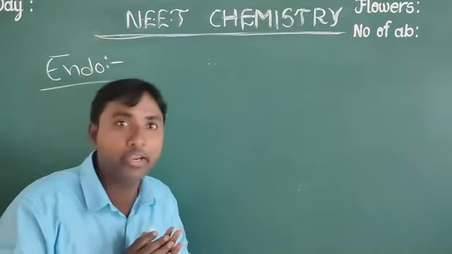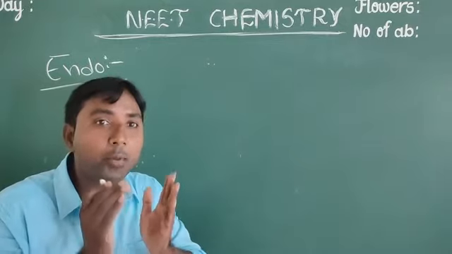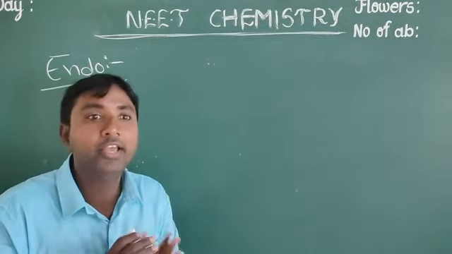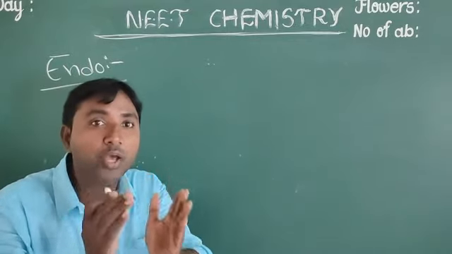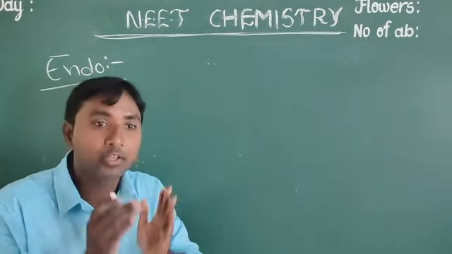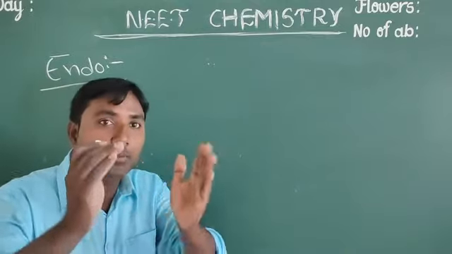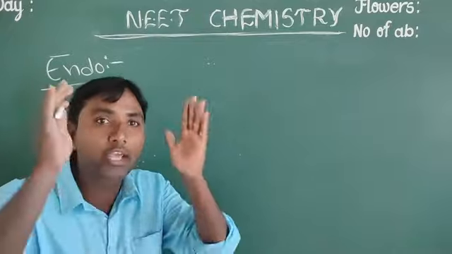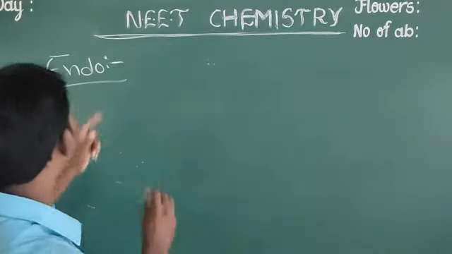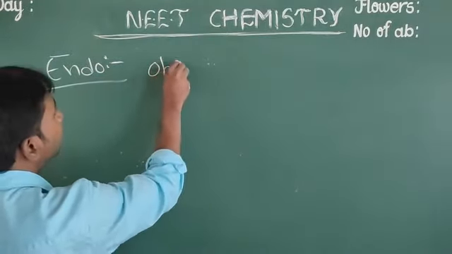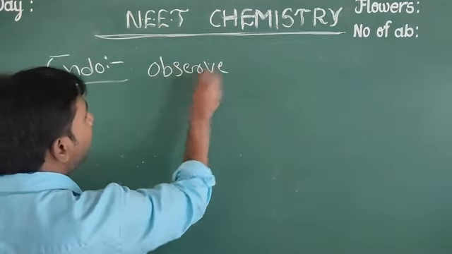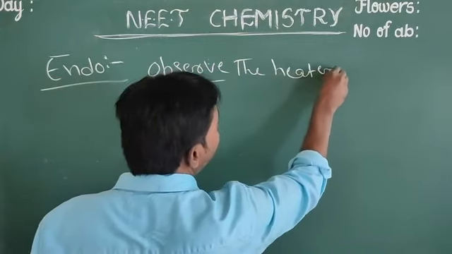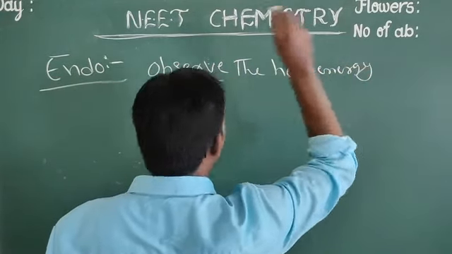Endothermic reaction means the system absorbs the heat energy. That means the reactants absorb the heat energy and undergo breaking down of the bonds. So endothermic means absorb the heat energy.